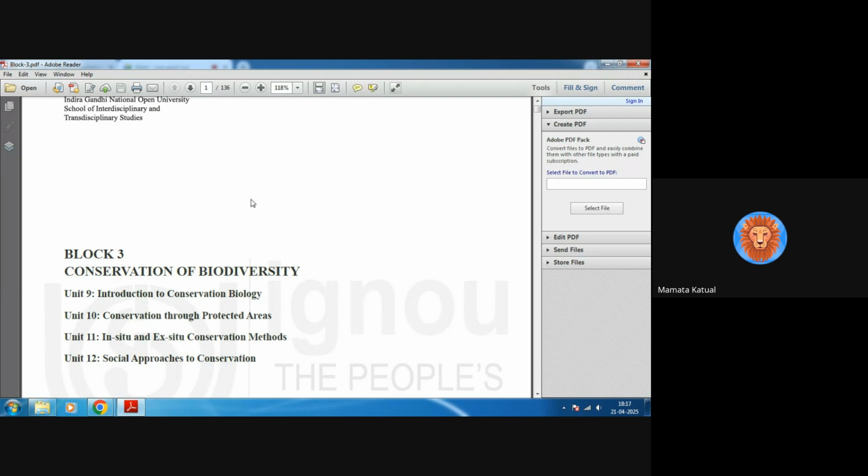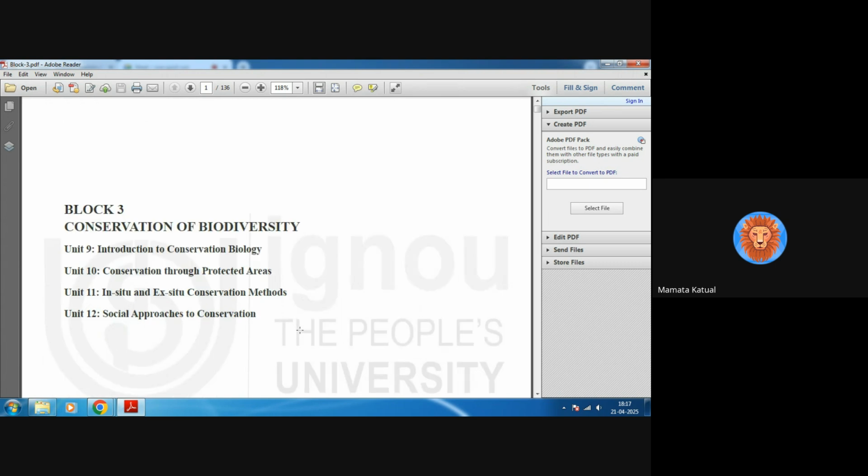Unit 9 is about the introduction, Unit 10 is conservation through protected areas, Unit 11 is different methods of conservation like in situ and ex situ conservation, and Unit 12 is social approaches to conservation.